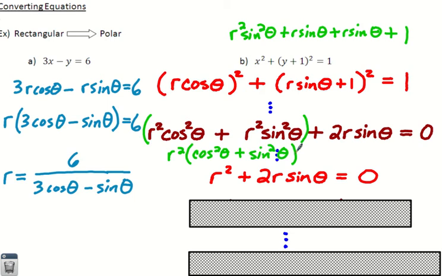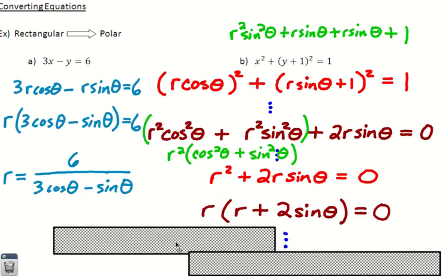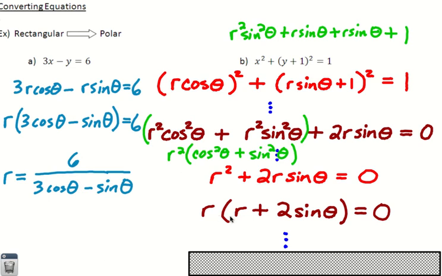That's right, it's just 1. So what's r squared times 1? That's right, just r squared. So all of this just becomes r squared, and then this gets brought down to here. And now I'll just factor out an r as like a GCF.